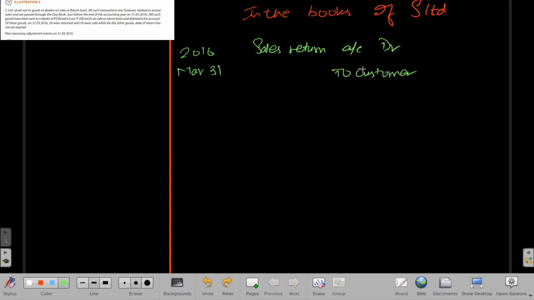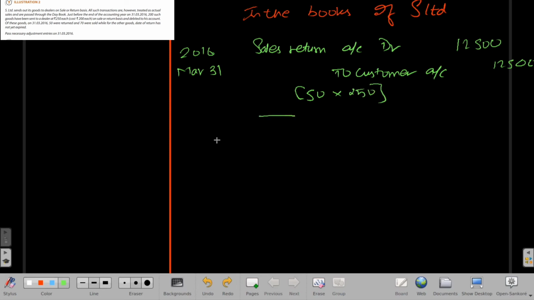You can also write it as trade receivables. And the amount would be 12,500. Here 50 goods were returned by the customers and the selling price was 250. This would give you 12,500.